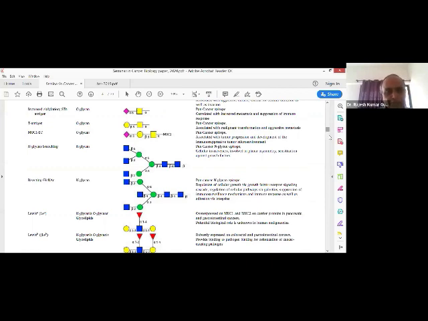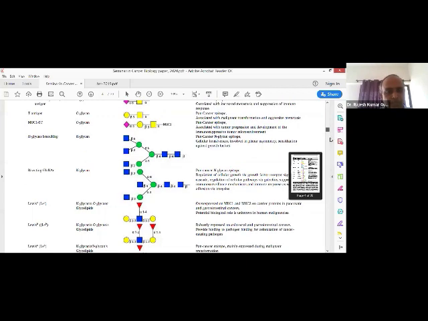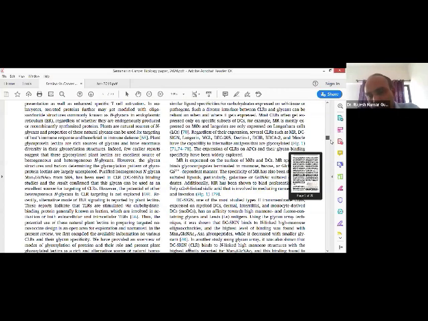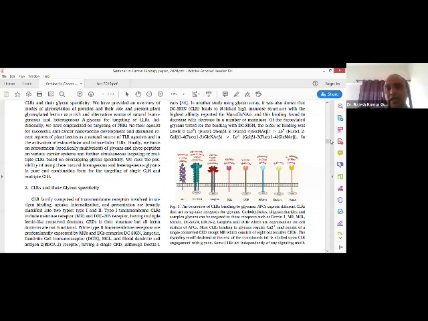Followed by that, we went further to C-type lectin receptors and their glycan specificity. This picture is telling about C-type lectin receptor structures and also their carbohydrate specificity. We have prepared this picture with the help of BioRender.